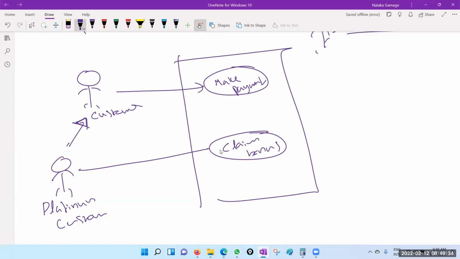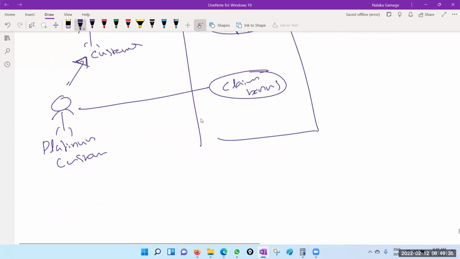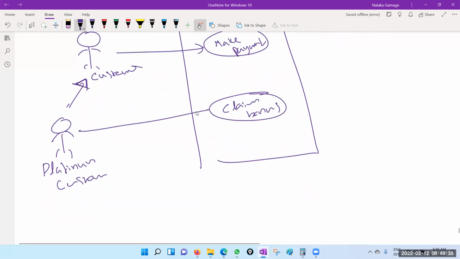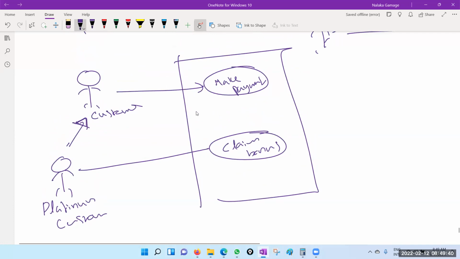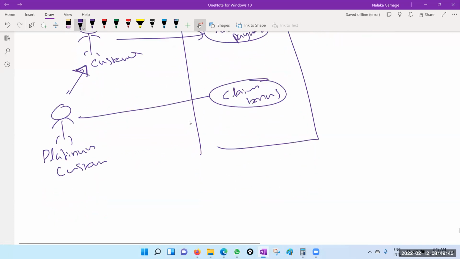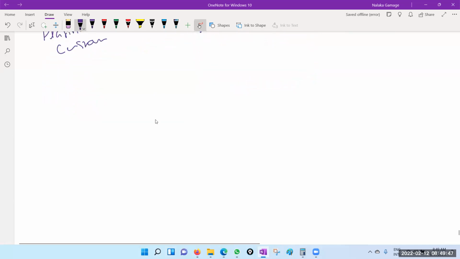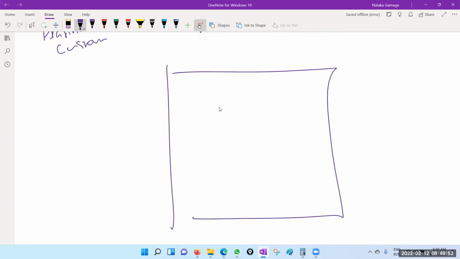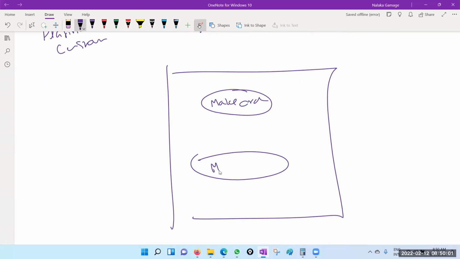Right. Now this is inheritance, this is communication. Then there can be relationships between use cases. Between use cases, we can have two main relationships, that is include and extend. So let's take an example of include. Say this is make order, and this is make payment. Say both can be done by a customer.